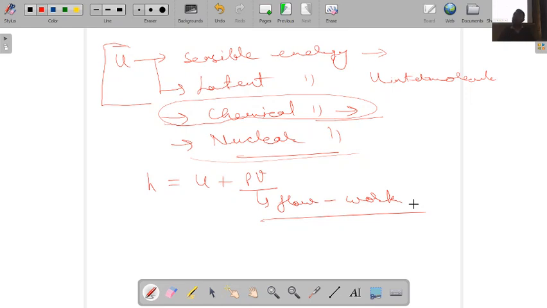Now, one important point. I have told you that internal energy and entropy are the properties which are linked to the thermodynamic state of the system. In our basic thermodynamics course, from the state postulates, we know that if we have to define any property, how many independent intensive properties are needed?